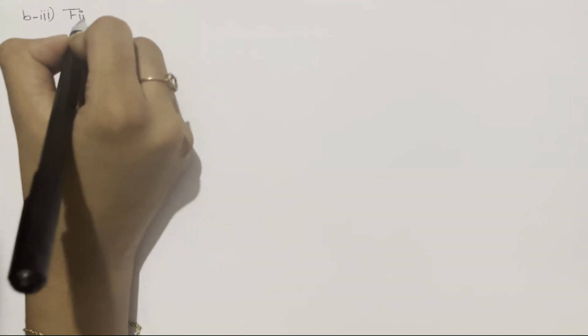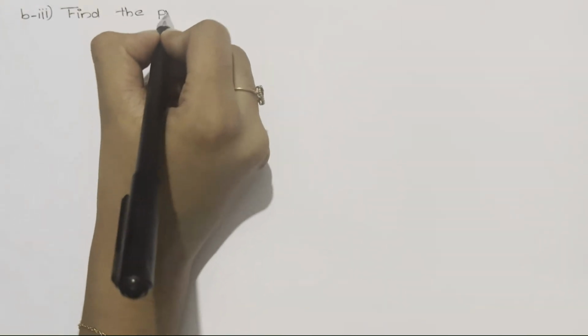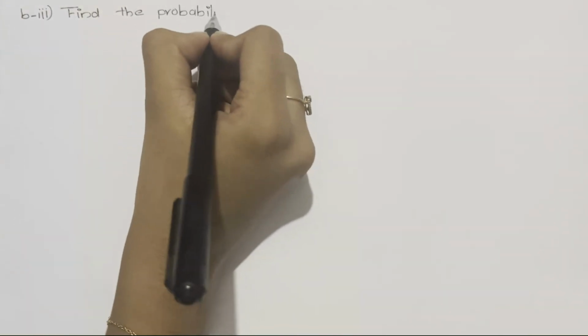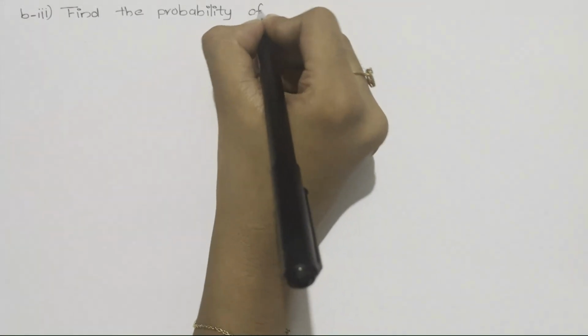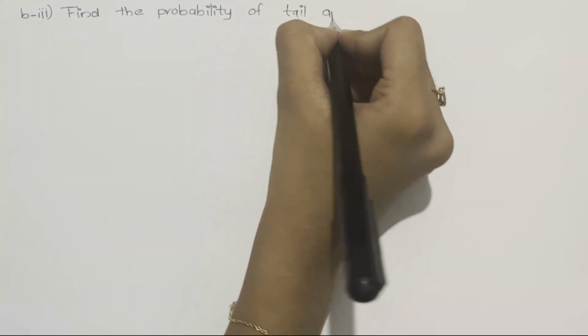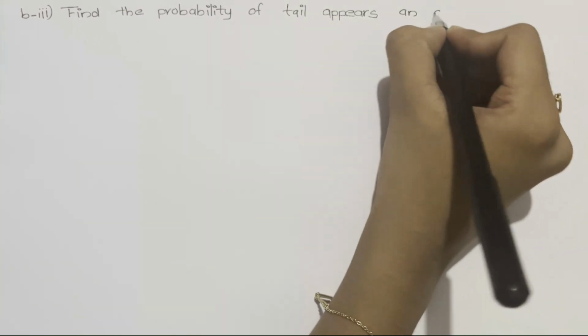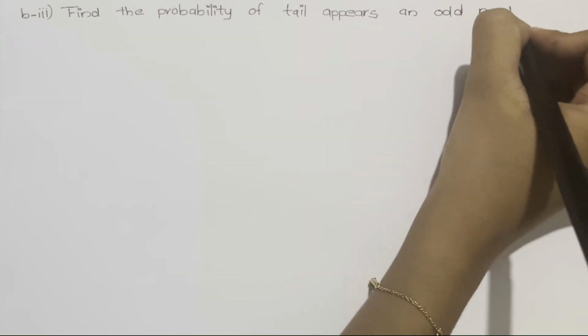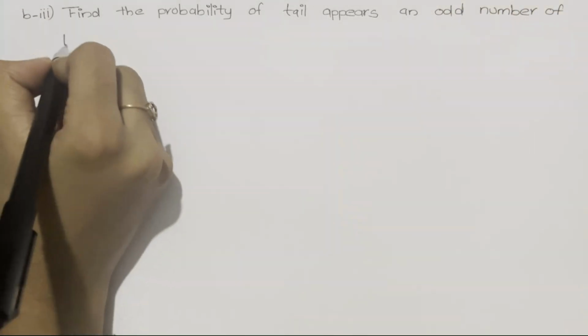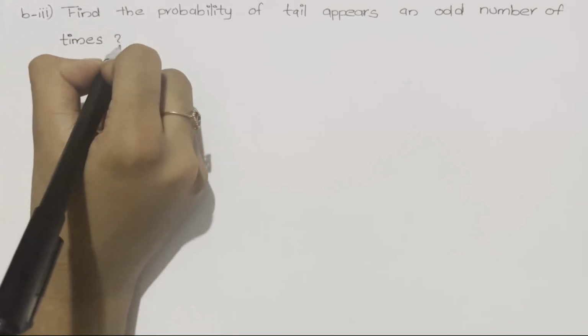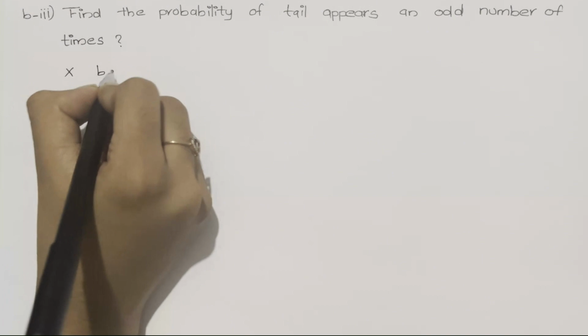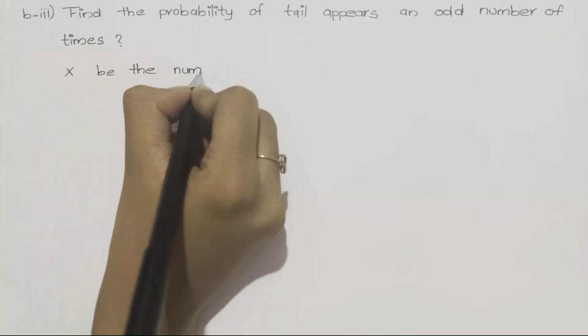The last question of the given example is find the probability of tail appears an odd number of times. Here x be the number of tails.